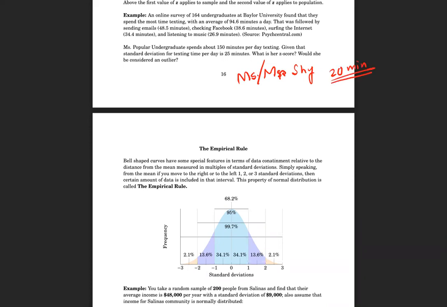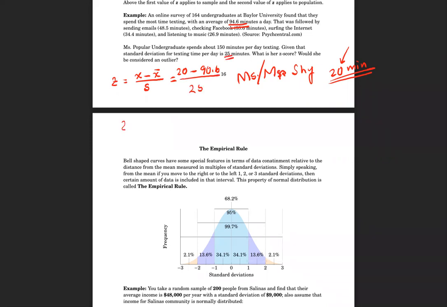Okay, 20 minutes. Now, would that be considered an outlier? So let's try it. z is going to be x minus x bar divided by s. x is the data point in question, which is 20, minus x bar, the average number of minutes students use texting, which is 90.6, divided by the standard deviation, which is 25.